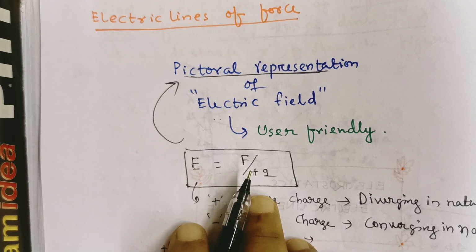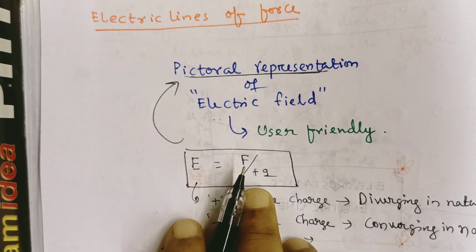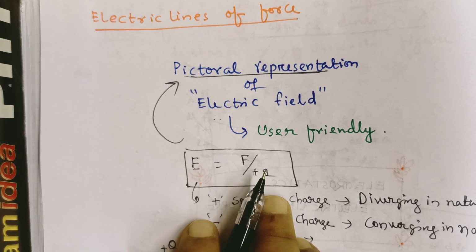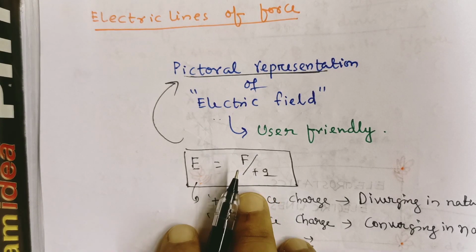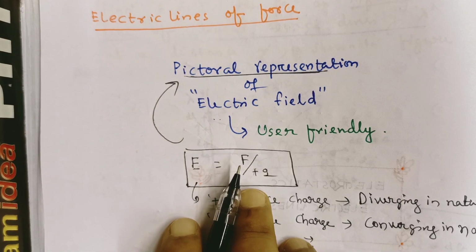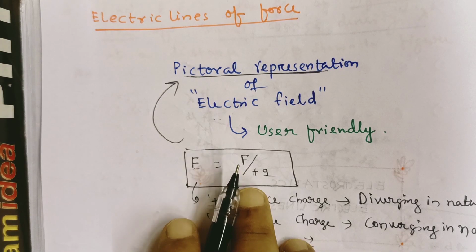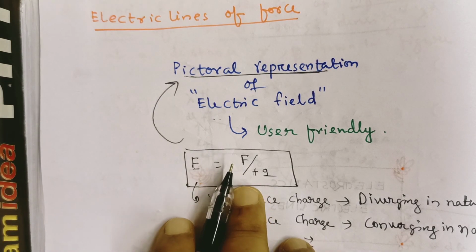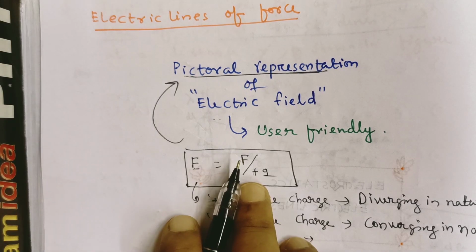If you just see that picture, some idea is kept in your mind about the progress of the game. Similarly, here some drawings are there. If you look inside this drawing, you get an idea of the strength and the direction of the electric field.